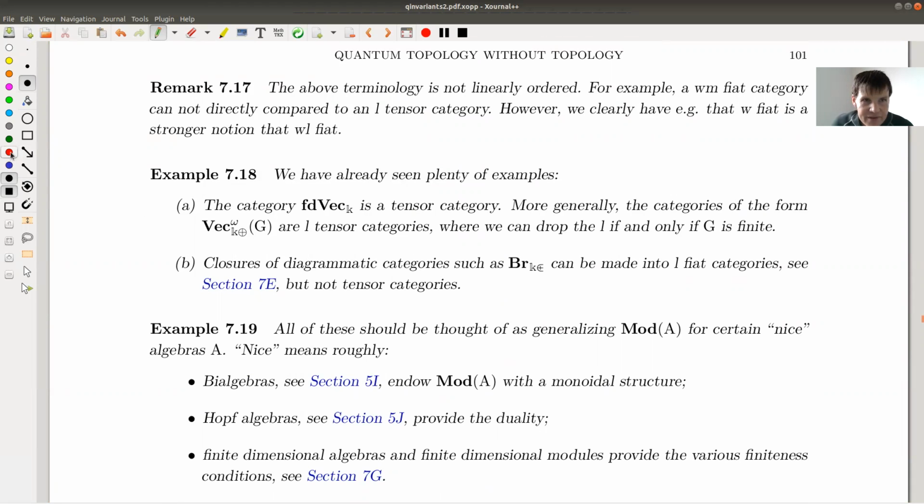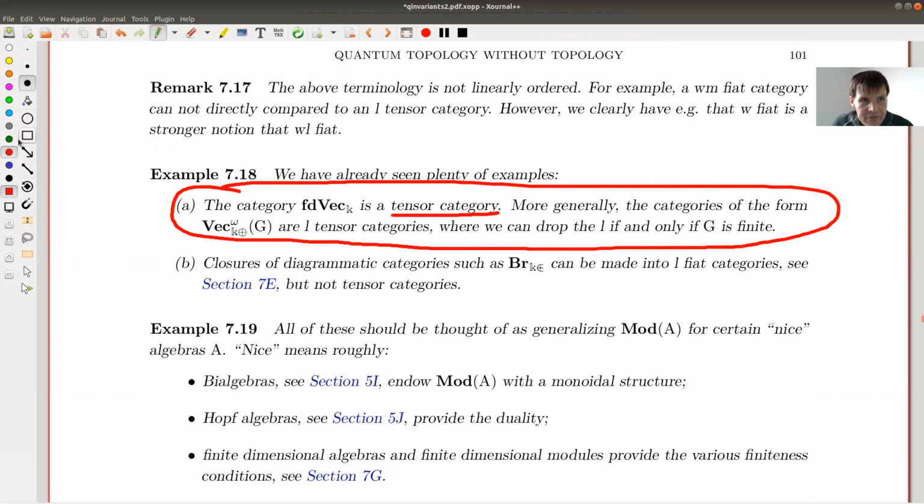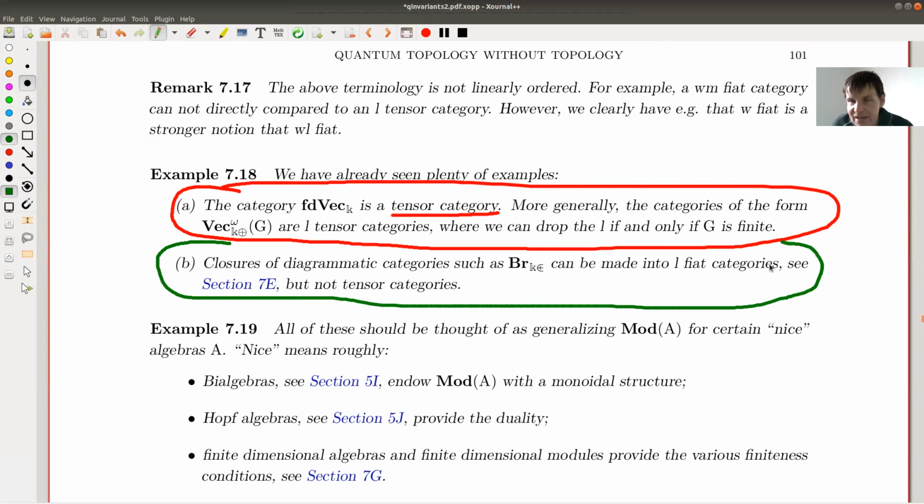The point is really this distinction. Categories like vector spaces are tensor. Categories like Brauer or Temperley-Lieb or Sum or whatever are usually not tensor. They're usually fiat, because this abelian envelope is like a slightly bad notion.